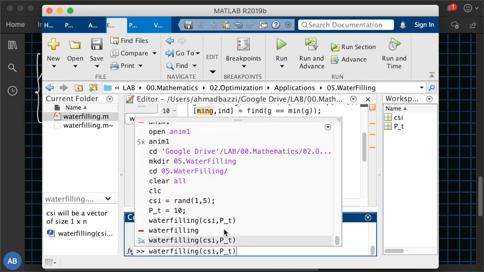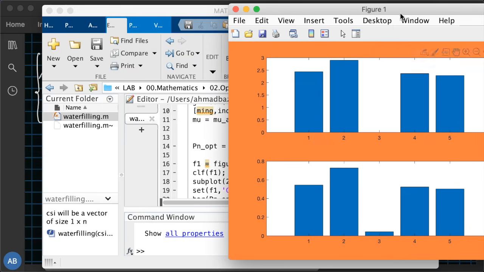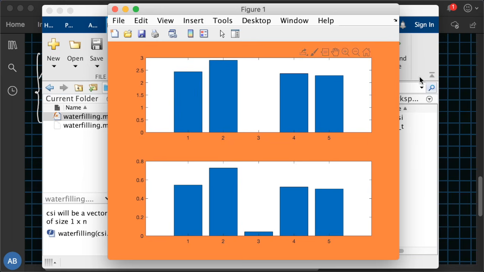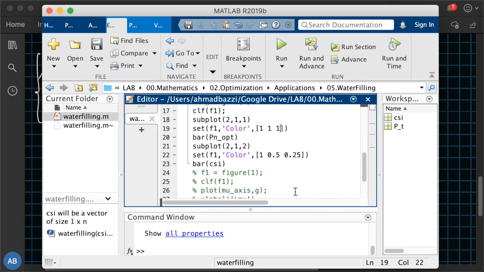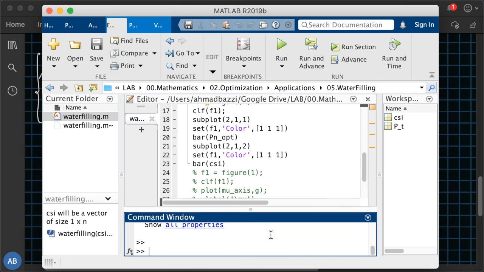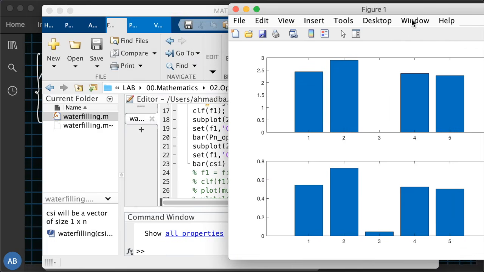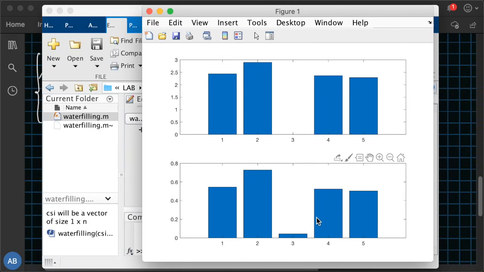So let's run it again. Oops, this is too bright. It's too bright. Let's just set it to white. And there we have it.